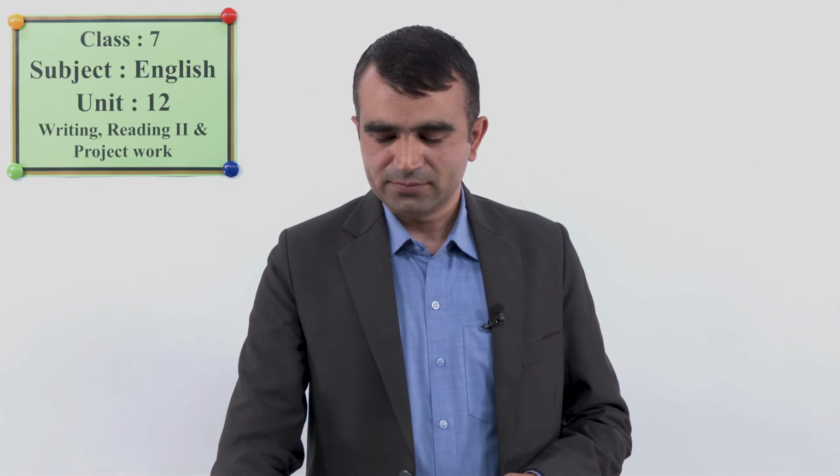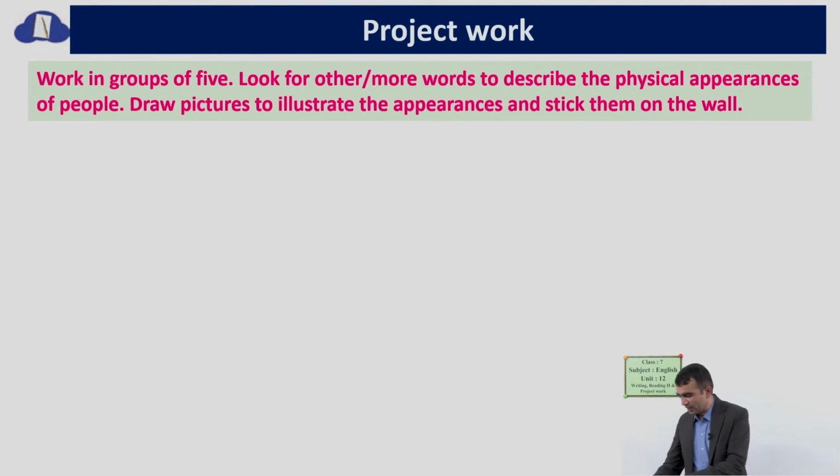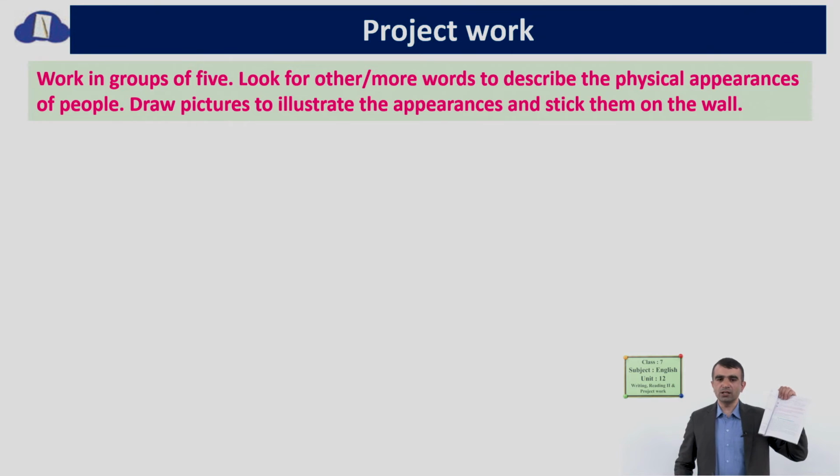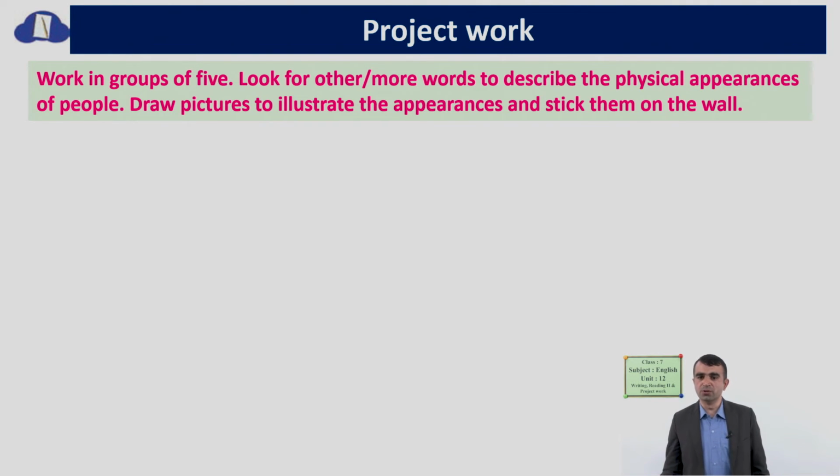Good. Now after this, what is there in your book? Okay, project work. Well, page number 127, that is the project work given in your book, isn't it? What is there? Work in groups of 5. Look for more words to describe the physical appearances of people. Some are given in your book, aren't they?